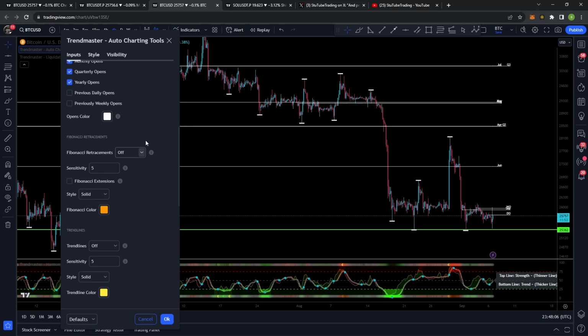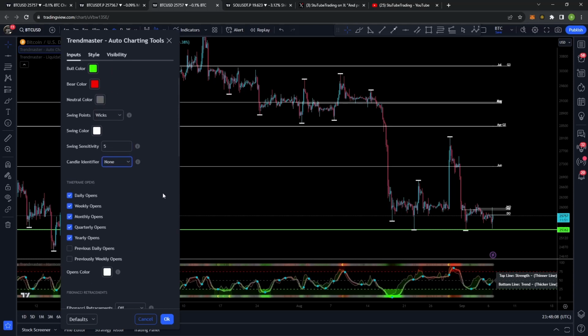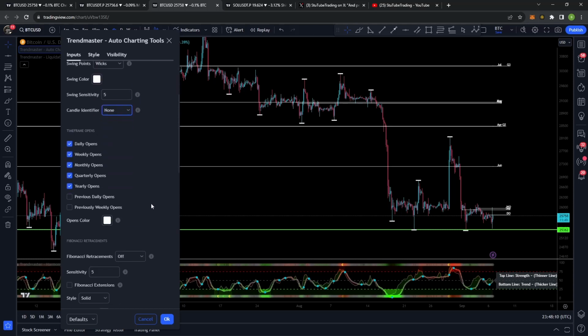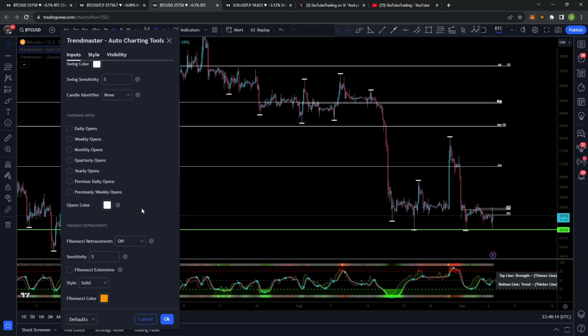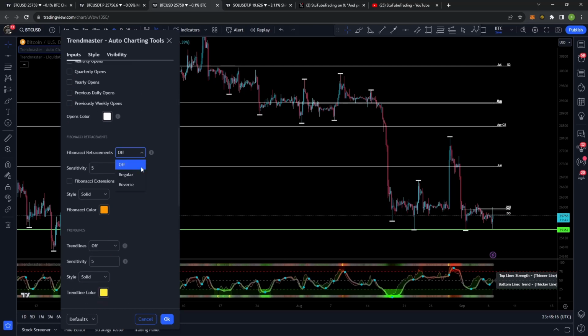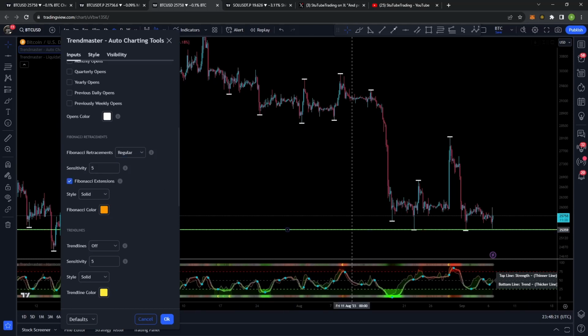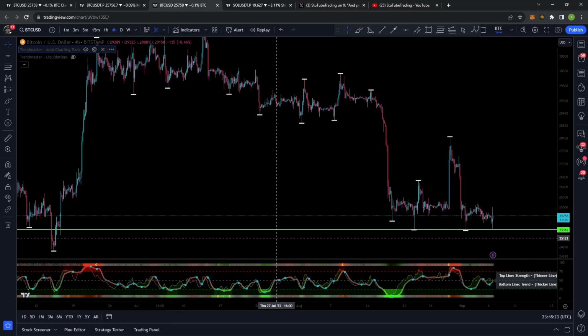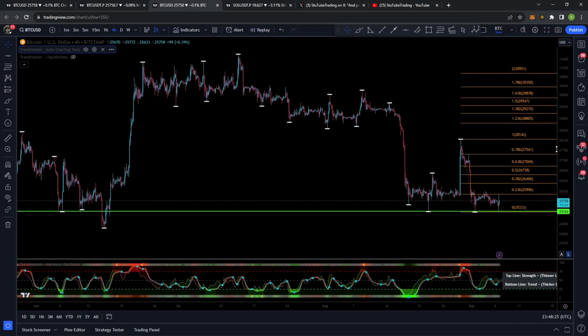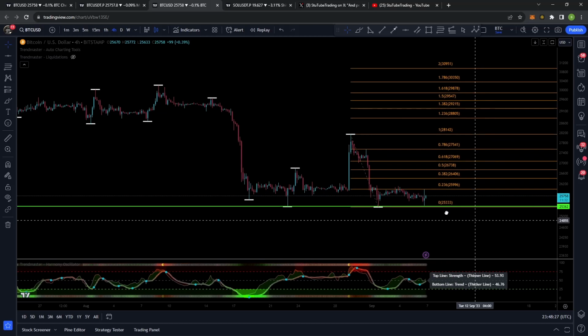Fibonacci's, you can have automatic Fibonacci levels. Here, just to clean things up once again. Let's see, Fibonacci's. May as well have extensions on there. Oh, that's very cool.